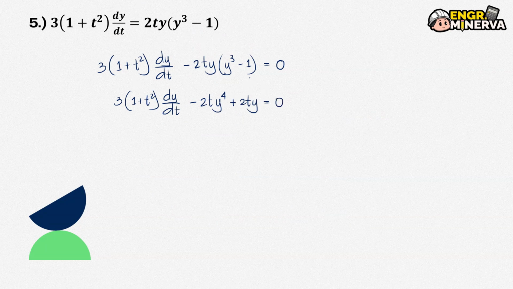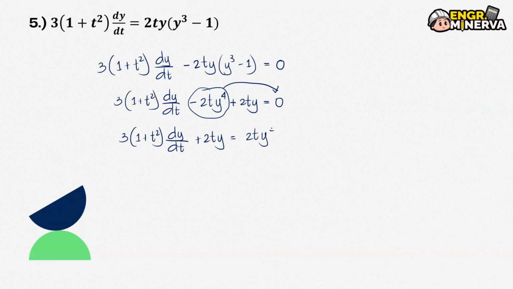So again, the term having y raised to n, we transpose it to the right side. So 3 multiplied by 1 plus t squared, derivative of y with respect to t, plus 2ty equals 2ty raised to 4. Then we divide the whole equation by 3 multiplied by 1 plus t squared.